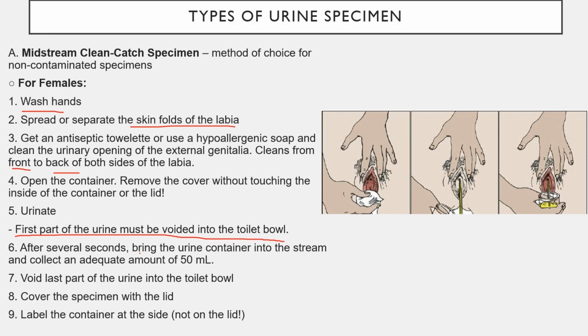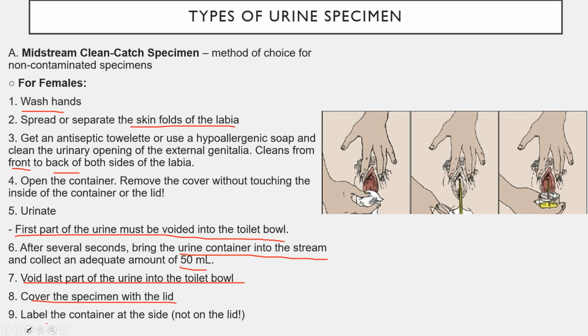After several seconds, bring the urine container into the stream. In the middle part, you now collect the sample of at least 50 ml. That is why it is called midstream, because you're collecting the middle part of your urine. The first part and the last part are voided into the toilet bowl.